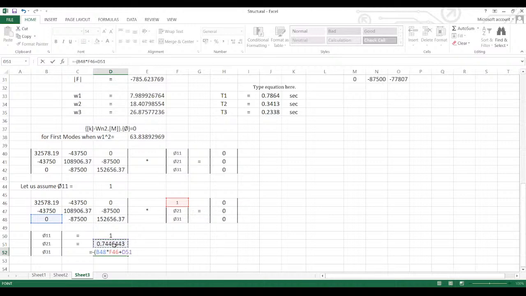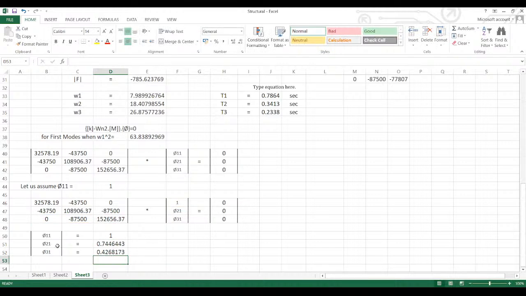That means this value plus this into phi 2, that is phi 2, this bracket closes, divided by phi 3, this value, and that is 0.424.